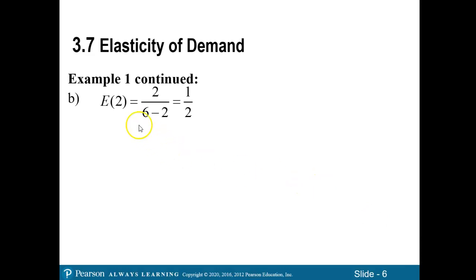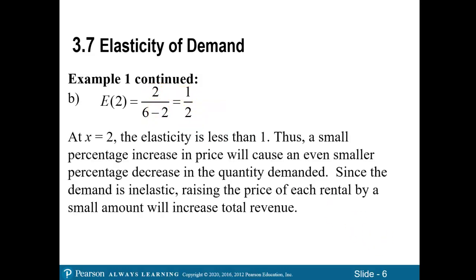All right, so part B was to evaluate the elasticity function for given values. When x is 2, I take my result, x divided by 6 minus x, and plug in 2 for x. This would be 2 divided by 4, which is a half. So at x equals 2, the elasticity is less than 1.